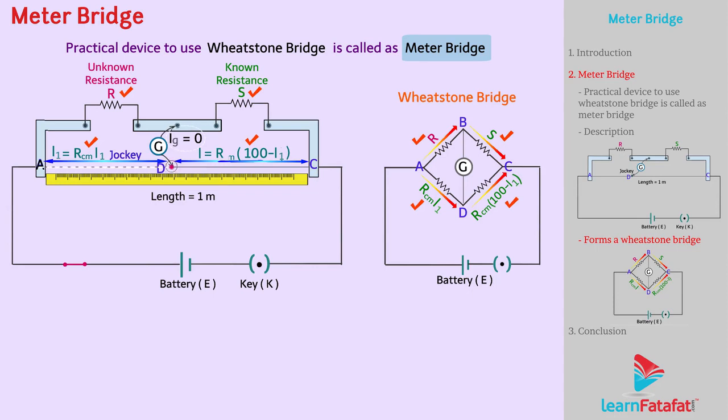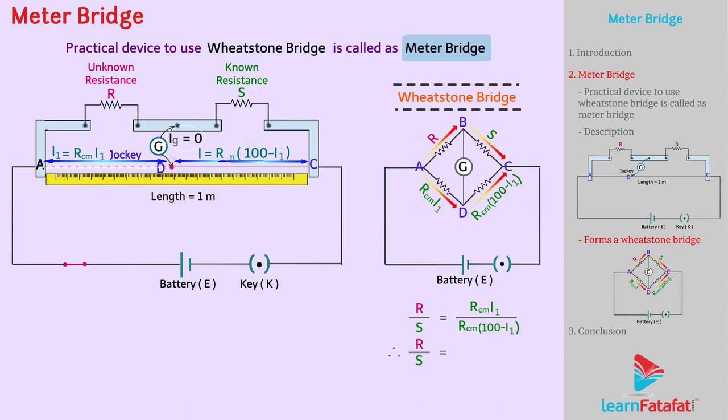In the balanced condition, we have the relation of the Wheatstone bridge given as R by S equals RCM into L1 upon RCM into (100 minus L1). Therefore, R by S equals L1 by (100 minus L1). Therefore, R equals S into (L1 upon 100 minus L1).